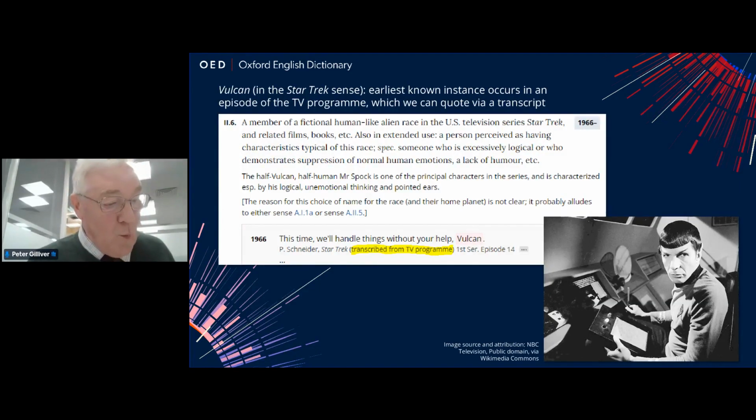And here's one more example to show that a quotation doesn't even have to be written down for us to use it. A piece of audio or video, which can be reliably dated, is just as much a piece of linguistic evidence as a piece of written or printed text, and can be transcribed and used in the OED.